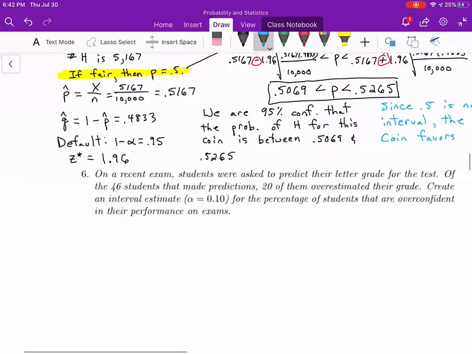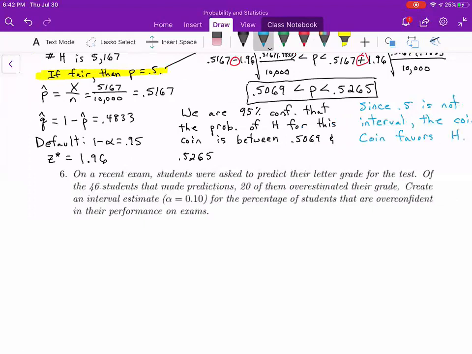All right, so is this going to be an interval for P or mu? Wait, interval for what? For proportion or mean? That's my question. I see one response for P, which is right.